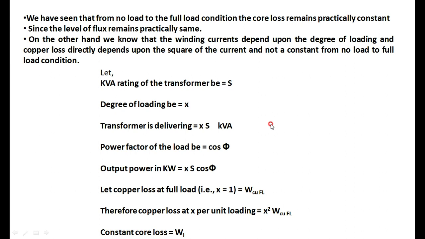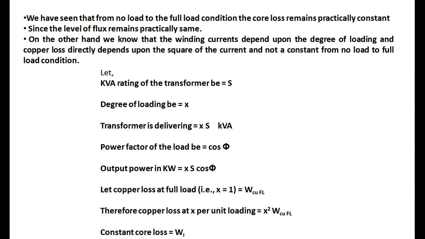We know that the transformer is rated in terms of kilovolt amperes, or a bigger unit, MVA, megavolt amperes. It is not expressed in terms of watts because the output of the transformer depends upon the type of the load, either a lagging load, a leading load, or a unity power factor load.